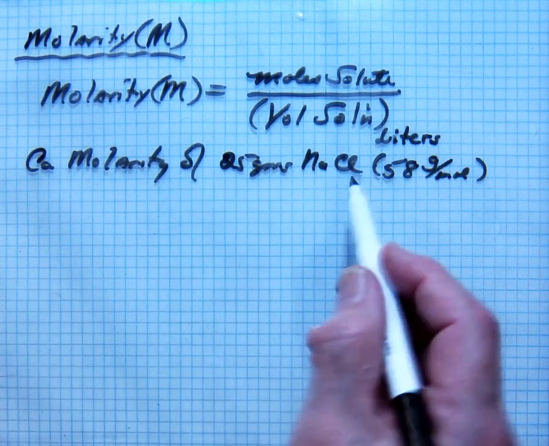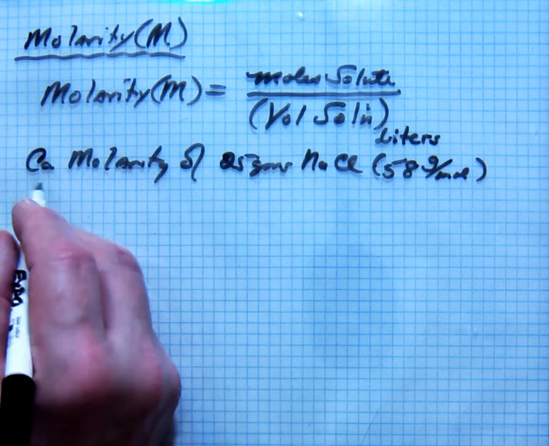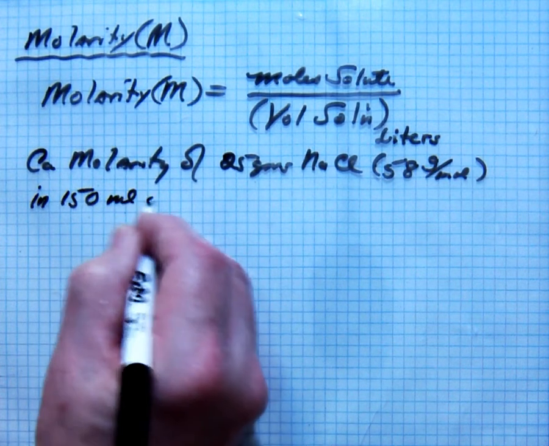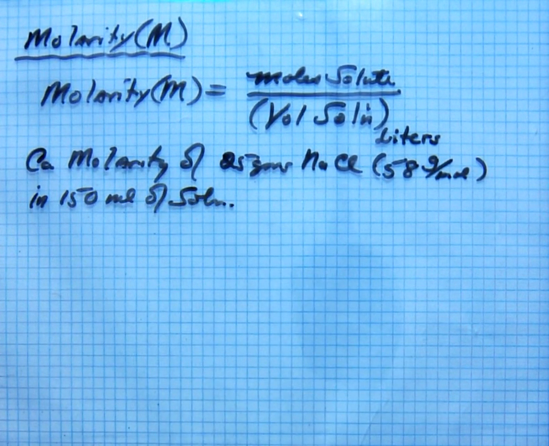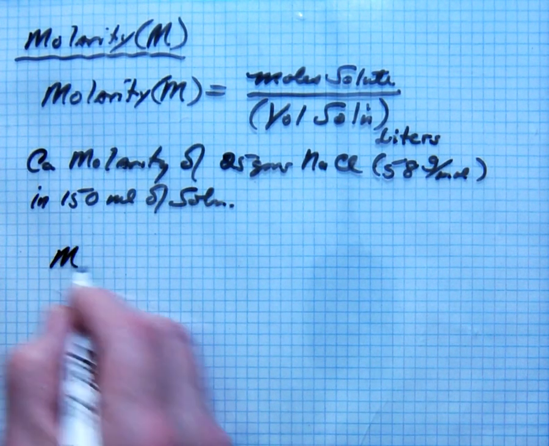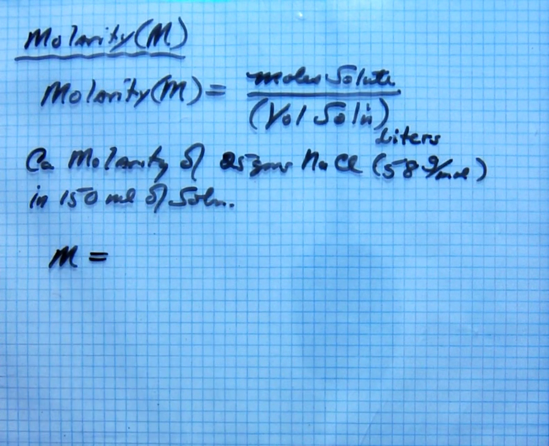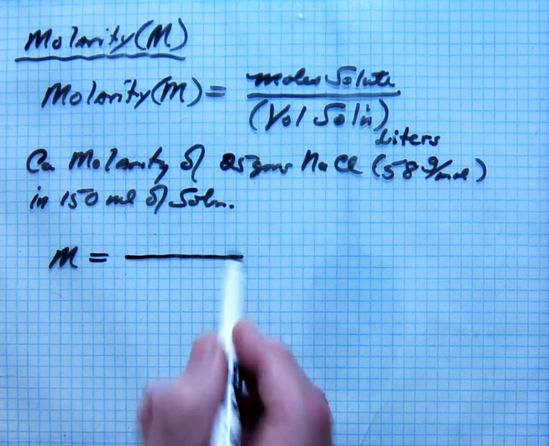Calculate molarity of 25 grams of sodium chloride in 150 milliliters of solution, okay? Straightforward problem, just follow the definition of molarity. So capital M is molarity in terms of sodium chloride is the moles of solute. So we need to calculate the moles of solute.